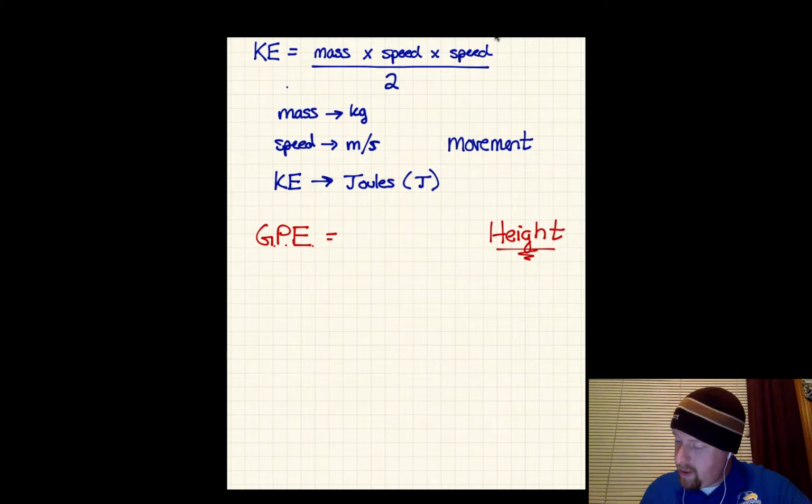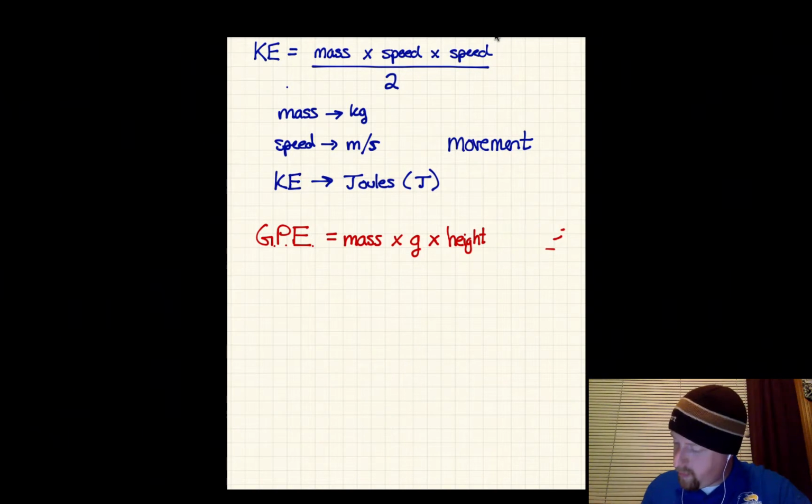Gravitational potential energy equals the mass of an object times g, which I'll get to in just a minute, times h for height. Now you might be wondering, what's g?